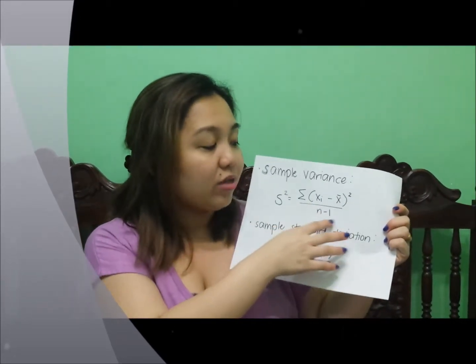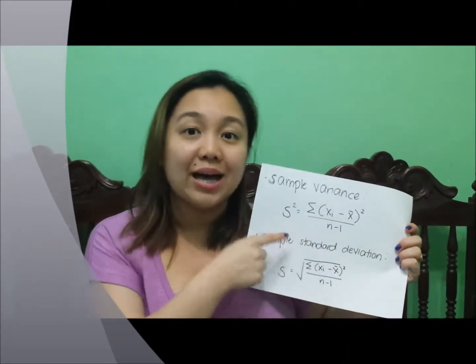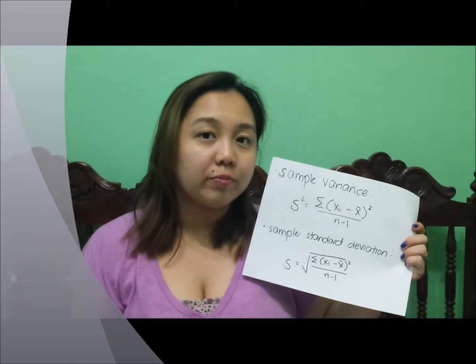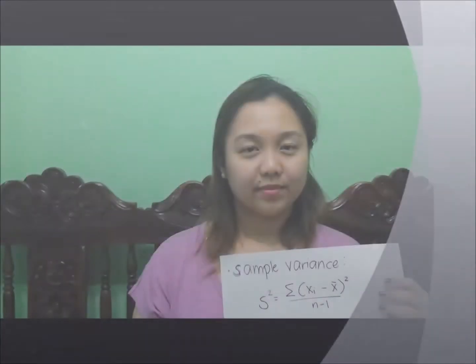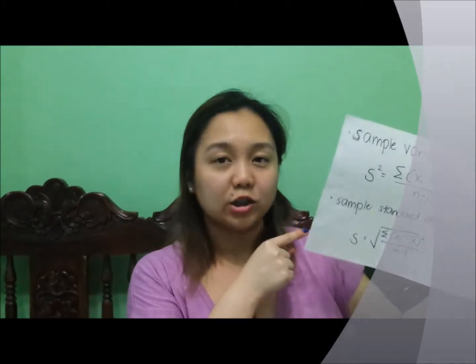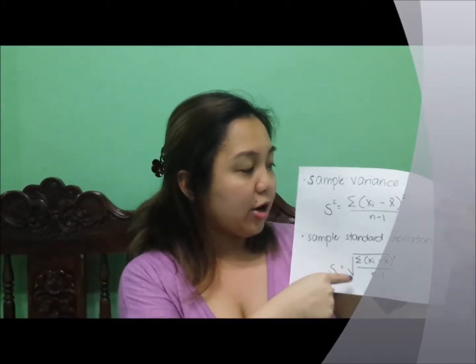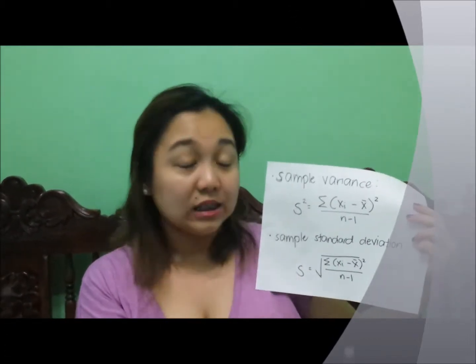But why do we need to deduct 1? Well, this is what we call the unbiased sample. There's going to be a different discussion for that. The sample standard deviation is just the square root of the variance. That's how easy it is to compute.